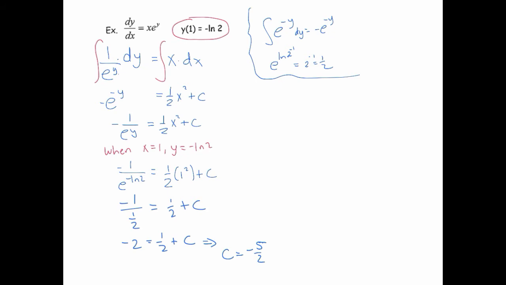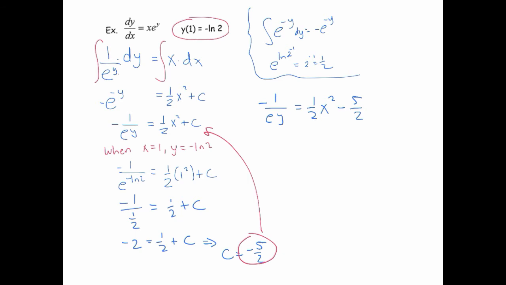So now I pick up from there. Now that I know what my c is, I can put that right here, but I've got to continue solving this. So that means I've got negative 1 over e to the y equals 1/2 x squared minus 5/2. And now I need to solve for y. So I'm probably going to do a little cross multiplying here.